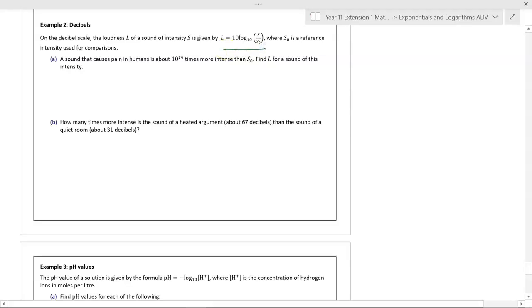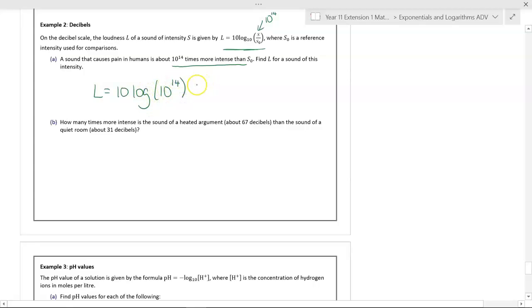A sound that causes pain in humans is about 10 to the 14 times more intense than S0. So it's saying this here, inside this bracket, is 10 to the 14. Find L, the loudness of this sound. So easy, I'm just going to put that in, 10 to the 14.